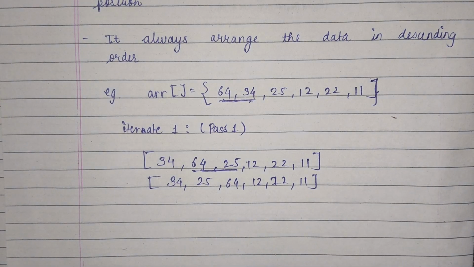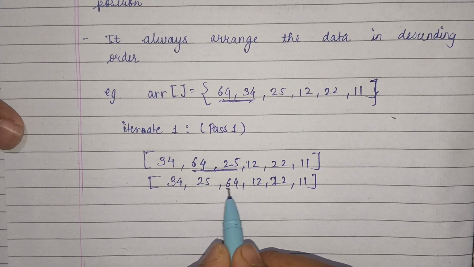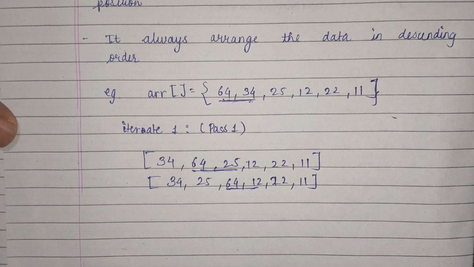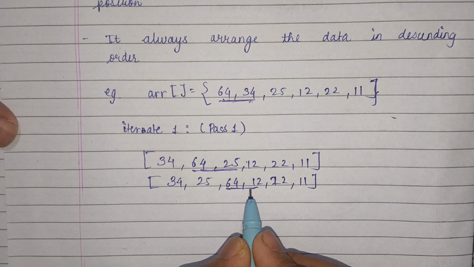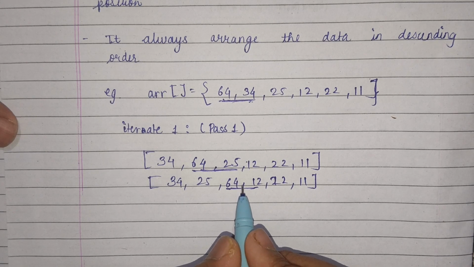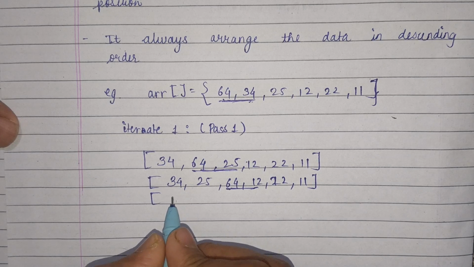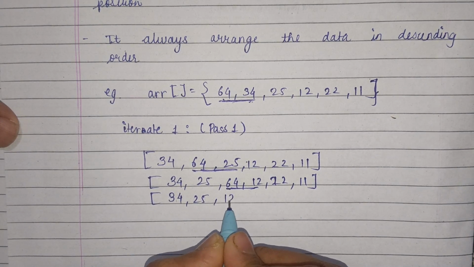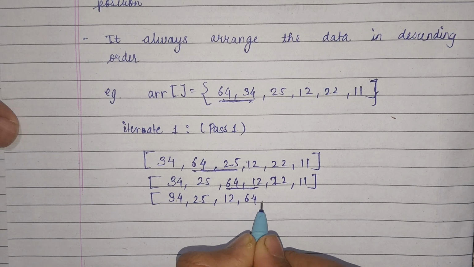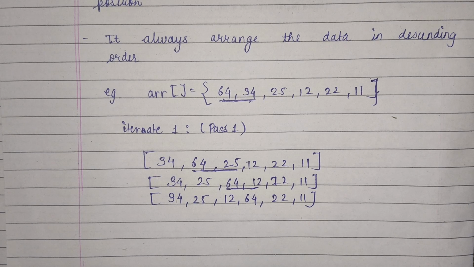Now it will compare 64 and 12. 64 is greater than 12, so it will get swapped with 12, and the next array will be 34, 25, 12, 64, and the rest of the elements will be the same.